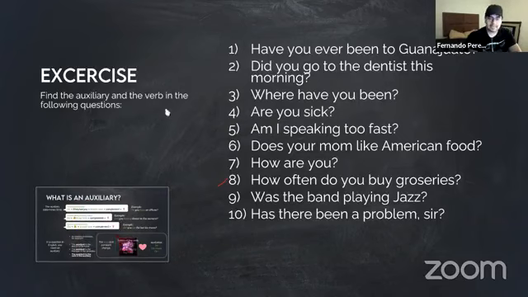Let's analyze and let's find the auxiliary and the verb. Number one. Go, Val. What's the verb? Let's find the verb first. What's the verb in this case?